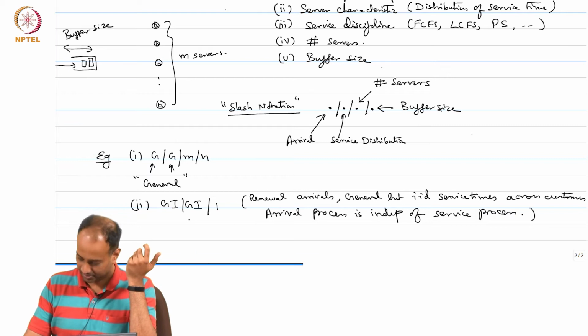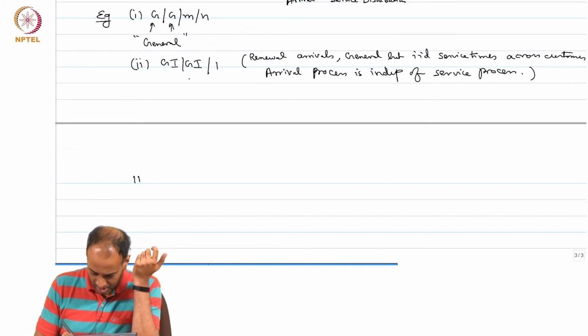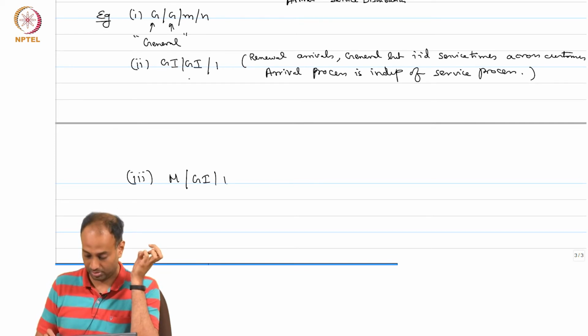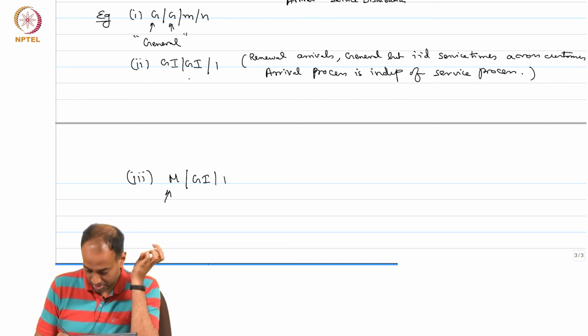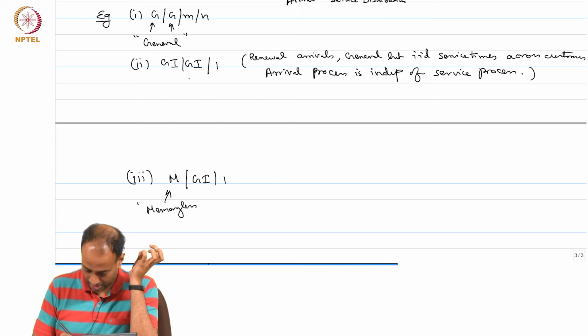Okay. So, let me give you a few more examples of this notation. When I say M/G/I/1 queue, for example, M stands for memoryless.